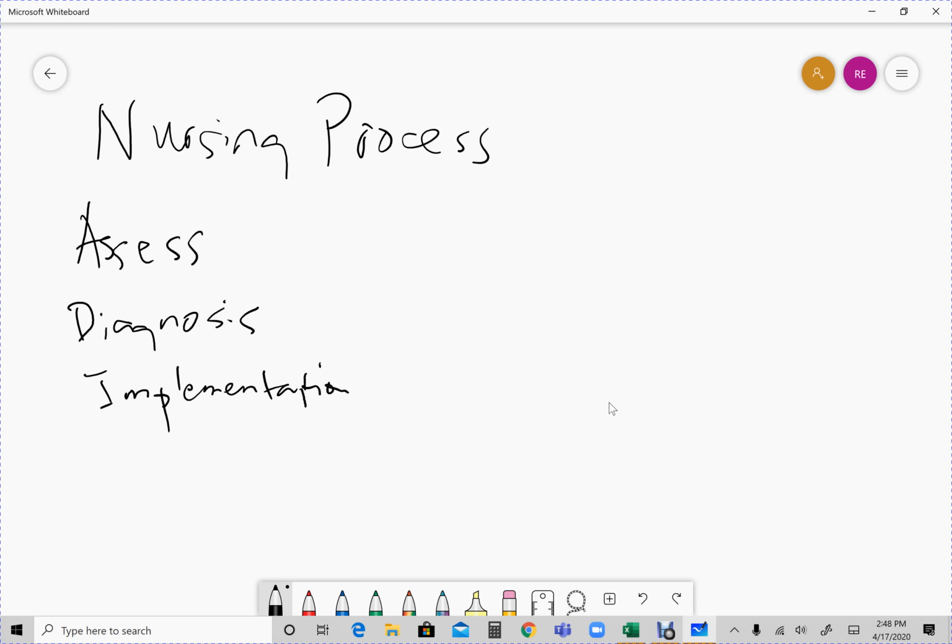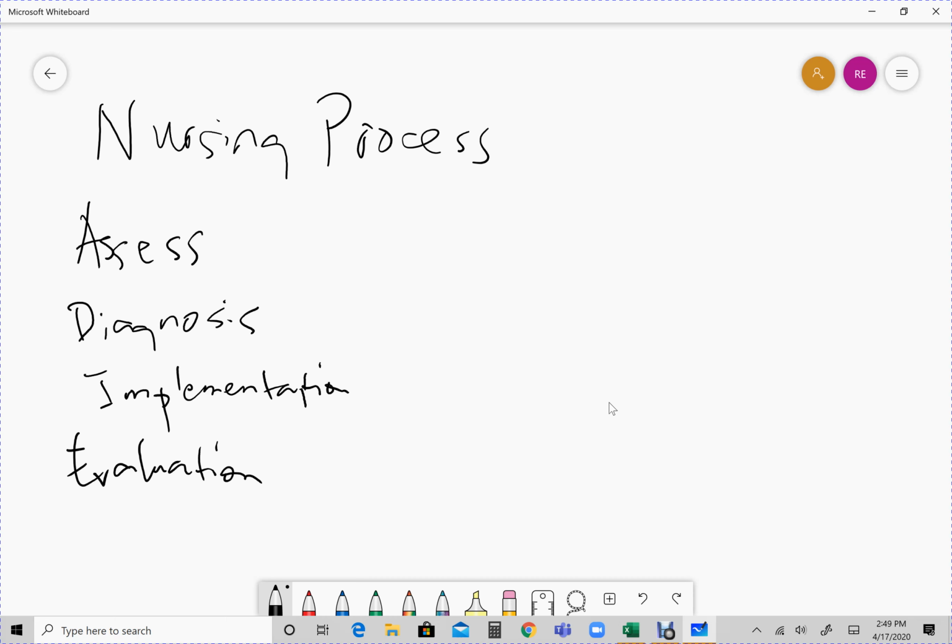Okay, so the question will always be based on either the assessment, which is nursing diagnoses, which is the signs and symptoms, diagnosis. May not be nursing diagnosis, but it could be on diagnostic testing, which is nursing responsibilities.